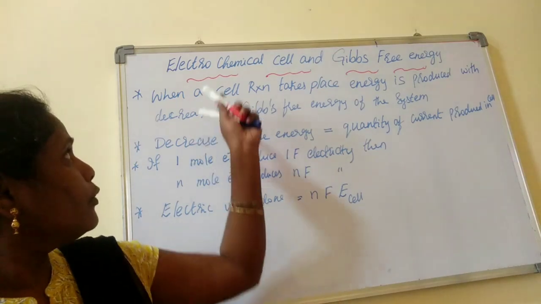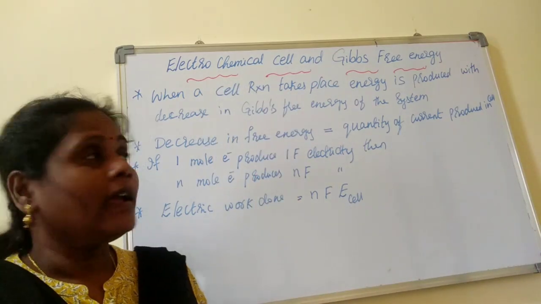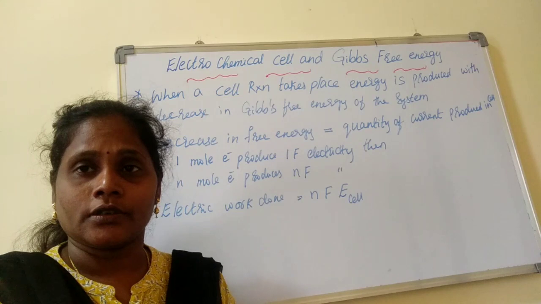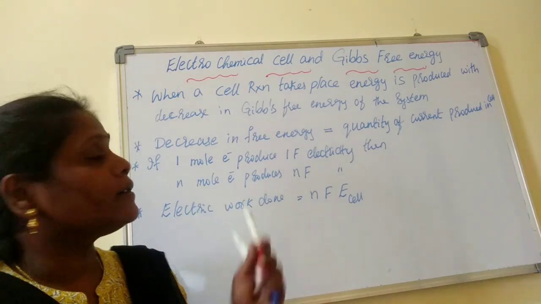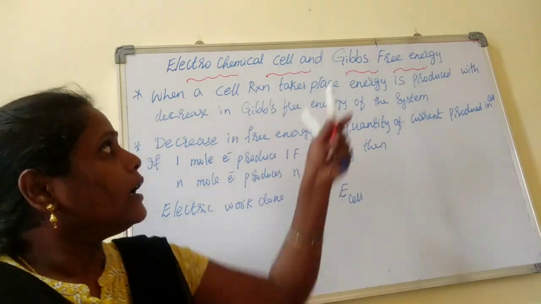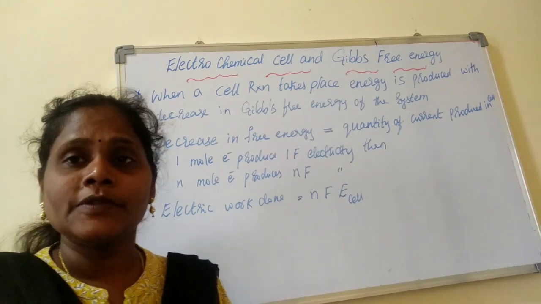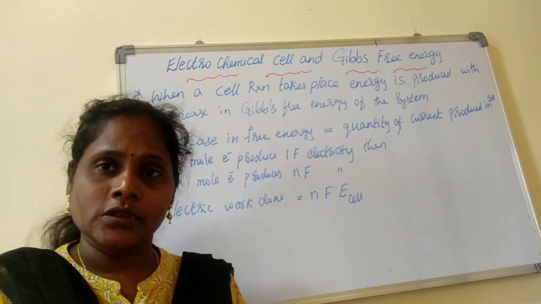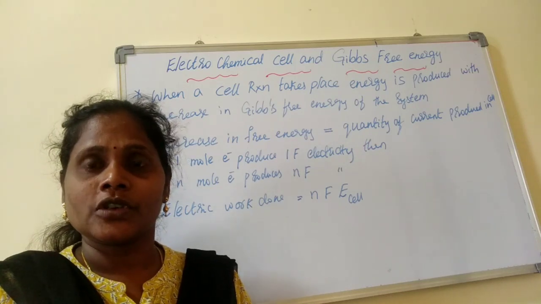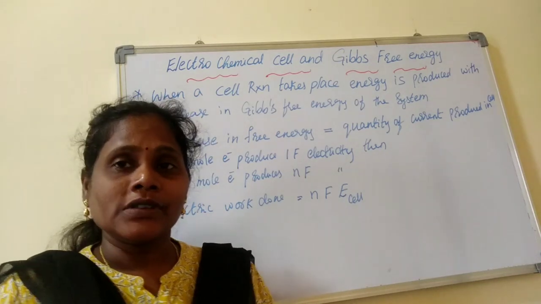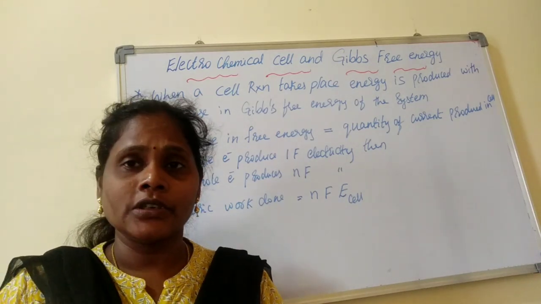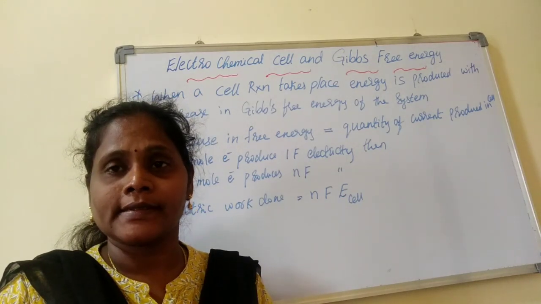Okay. Now we move to the electrochemical cell and Gibbs free energy relation. That is the relationship between the Gibbs free energy and our electrochemical cell. Where you have heard about Gibbs free energy in your previous year thermodynamics chapter, because this will decide whether the reaction is spontaneous or non-spontaneous.